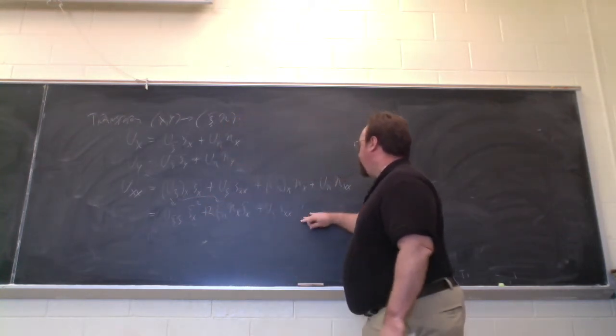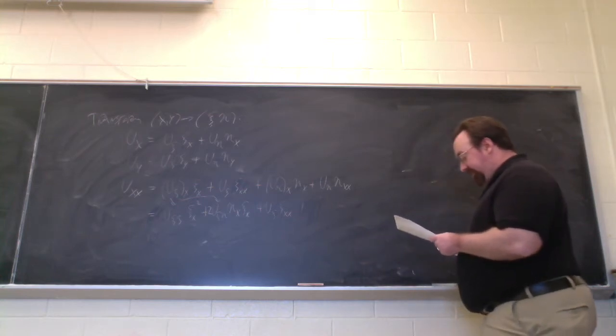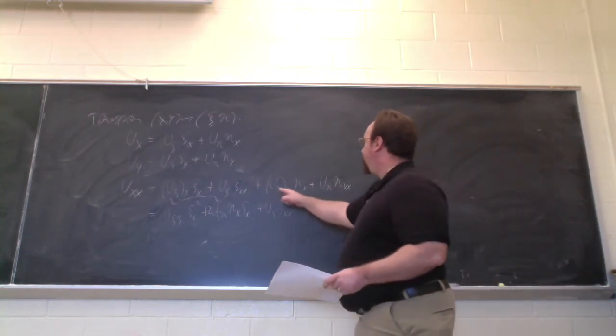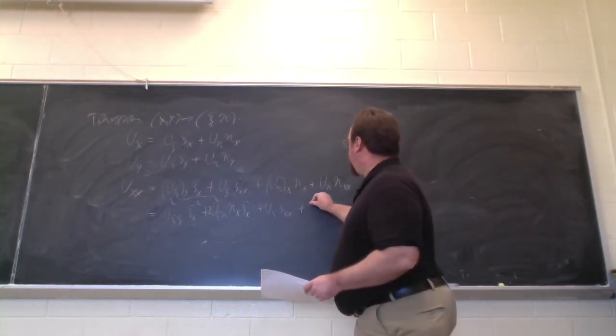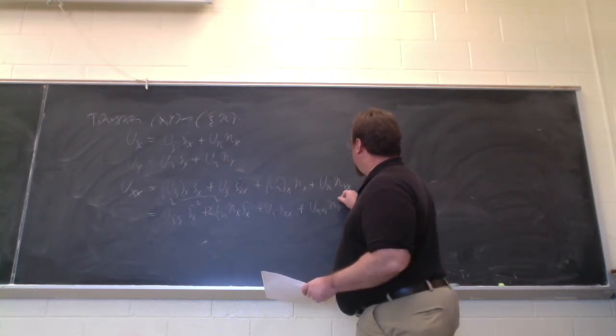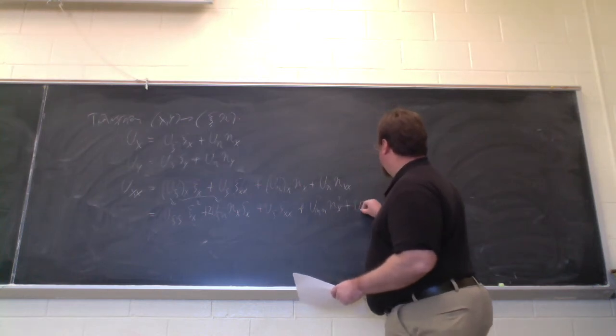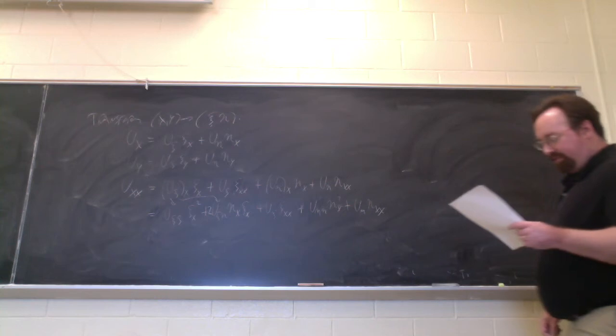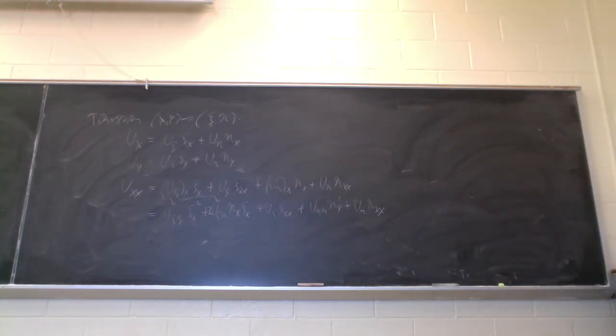So that saves me a little bit of space. And then from the other term here, I'm going to get plus u_eta eta eta_x squared, and then I have this. So I have 5 terms altogether to describe the second partial derivative with respect to x. So that's pretty ugly.